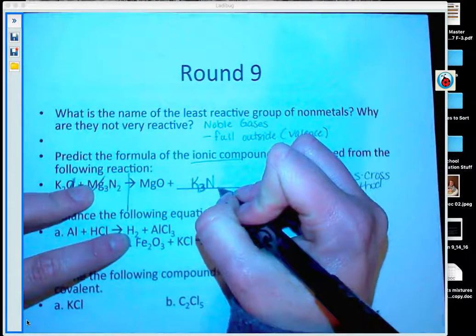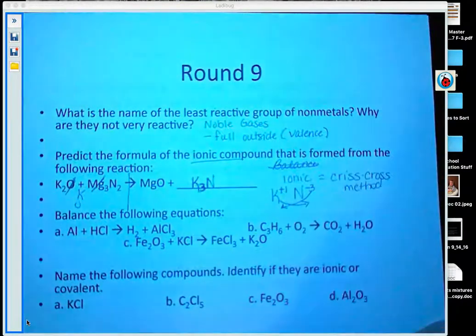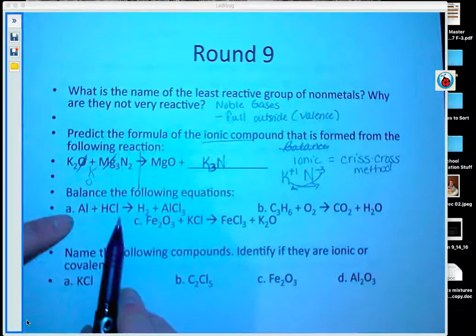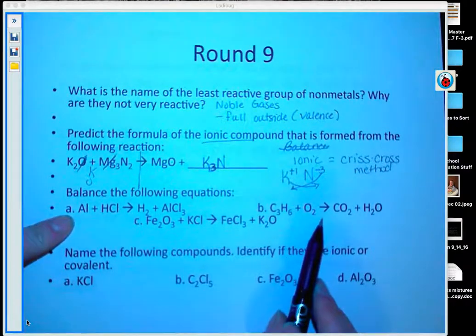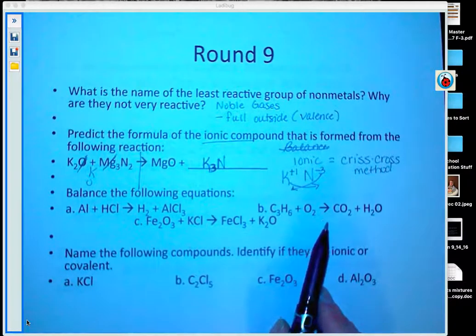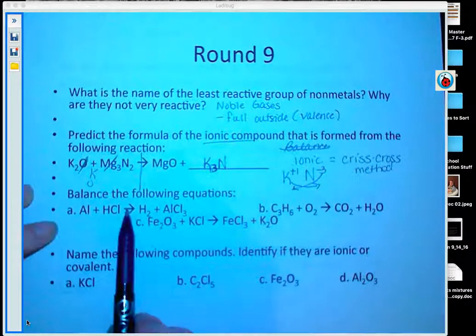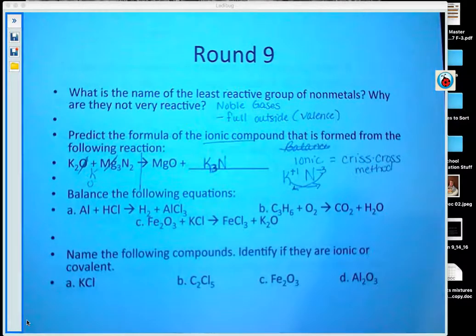Do I need to put the 1 right here? No, don't put the 1. It's just like math. It's understood that it's there. For these problems, there's a separate video on my YouTube that talks about how to balance equations, so I would rather you just watch that one than having to do this.